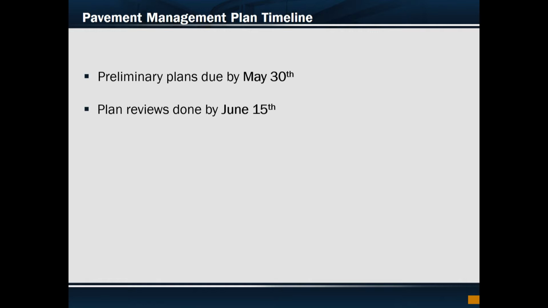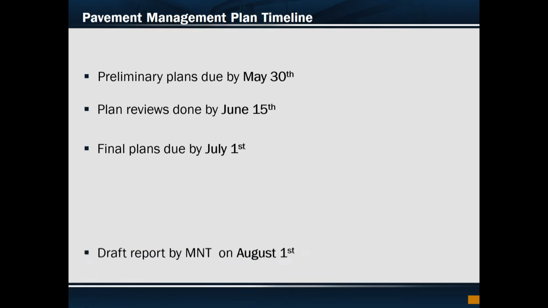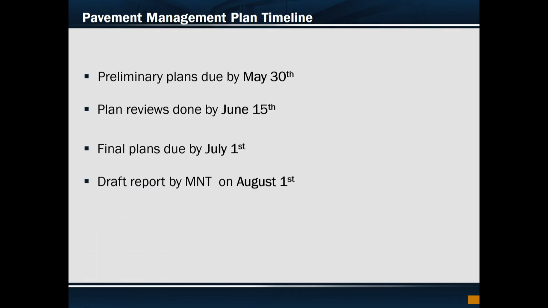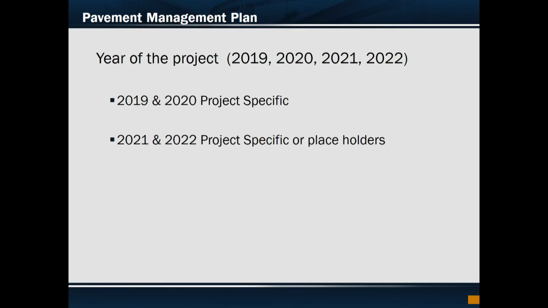After the review, they go back and revise their plan. The final plan is due by the end of June. And our office, as the maintenance division, starts working on our report. The report is due August 1st, and the final one is due by the end of August. So this is our timeline.